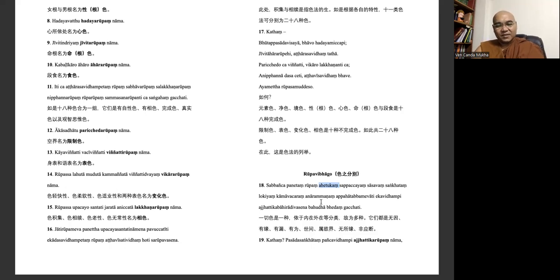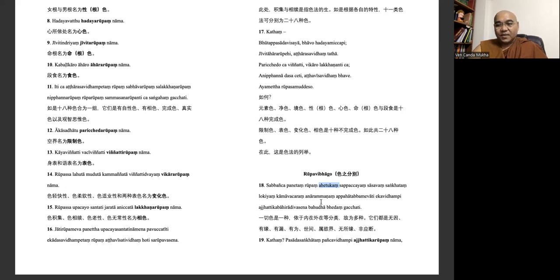Without these four conditions, materiality cannot arise, internally and externally. That's why they are called sapaccaya, together with the root; materiality is something which arises together with conditions. Conditioned things, we can simply say.